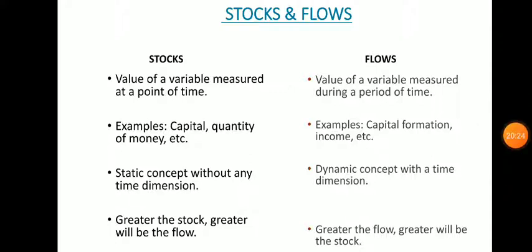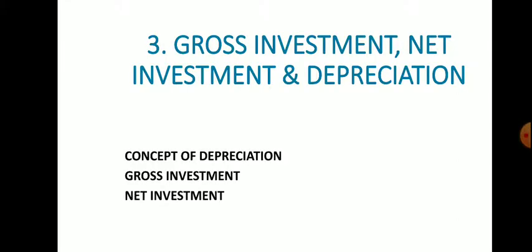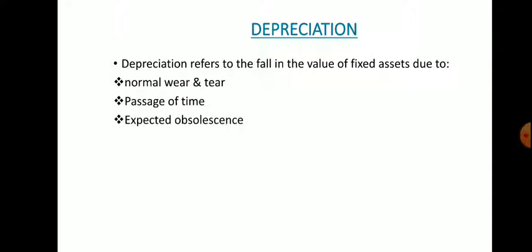Okay. So, moving up to the last topic: gross investment, net investment and depreciation. Let me tell you the depreciation part. Depreciation basically refers to the fall in the value of fixed assets due to normal wear and tear, or passage of time, or expected obsolescence.